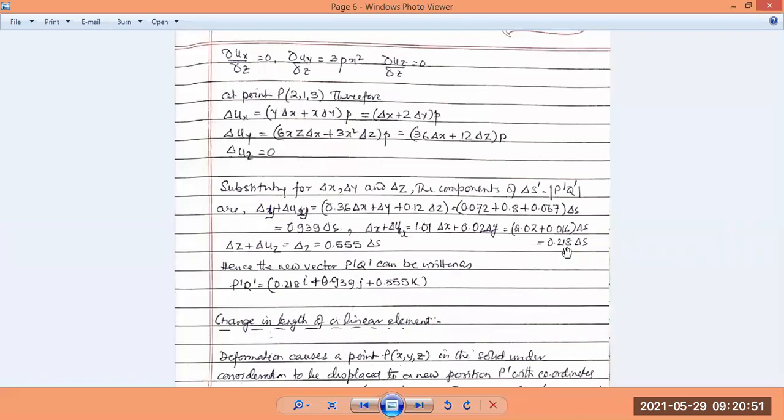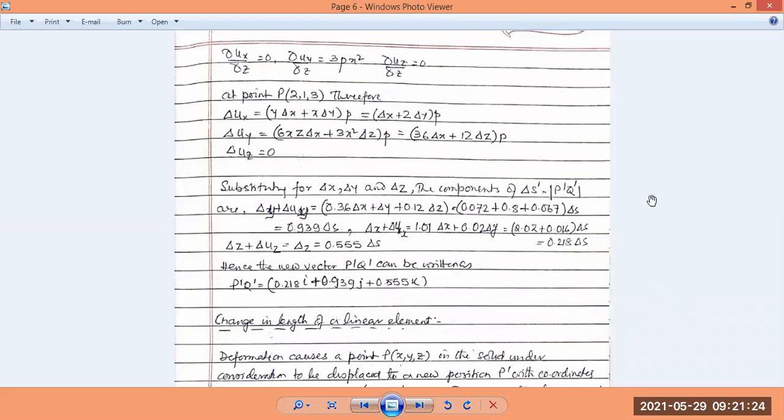This is for delta x, this is for delta ux, this is for uy, and this is for uz. So put all of them to get this displacement vector p dash q dash here, because we have already calculated the displacement vectors or the change of direction cosines here. Thus, this is another type of problem which is comparatively difficult but a simple matter.